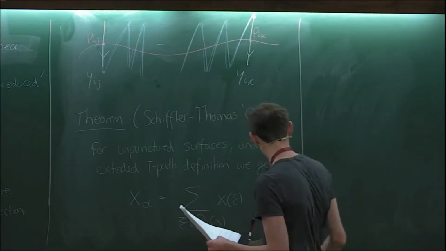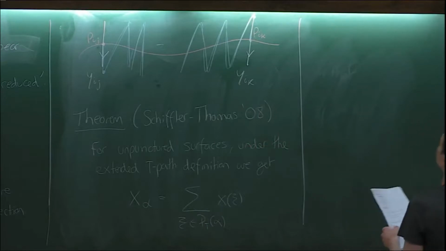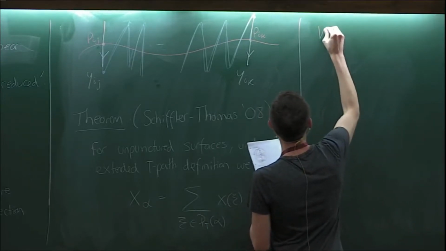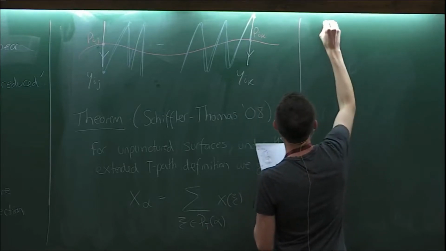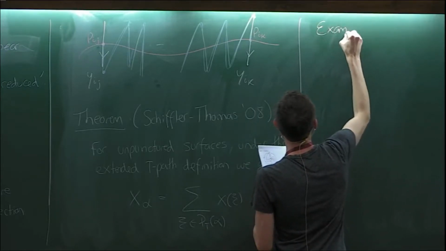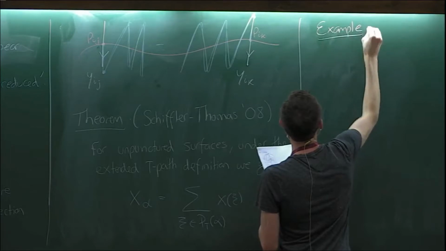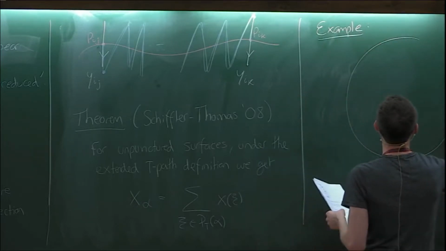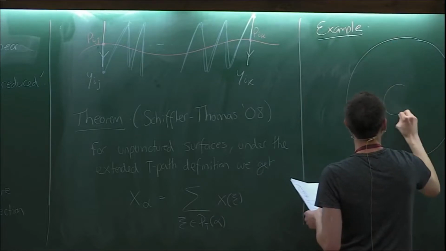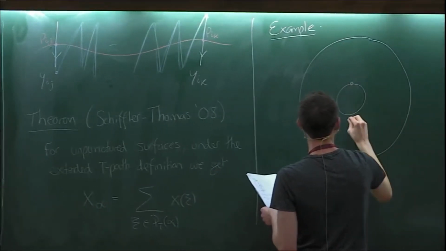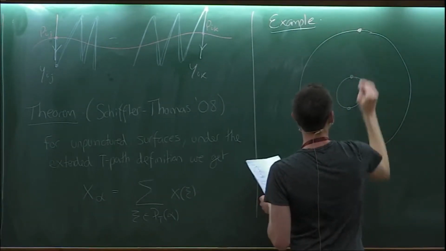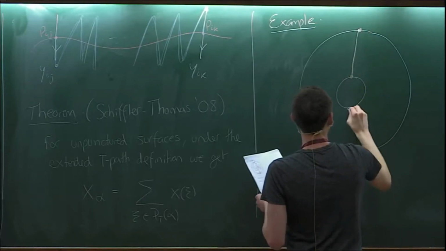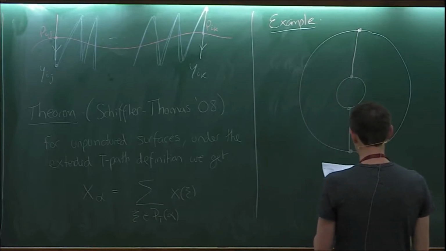Okay, so let's just run through an example to see how this goes. So we'll pick the cylinder with two boundary components and two marked points on each boundary component.